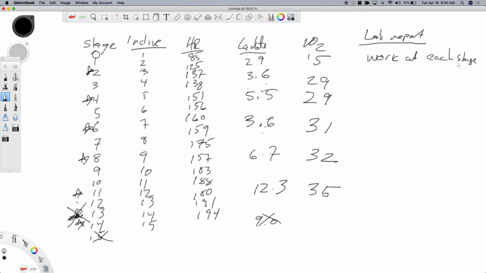But it also means you're going to have to take the speed in miles per hour and convert it to meters per minute, and then figure out the slope and calculate vertical distance per stage. Okay? And then you'll know what the workload is over that 1 minute or 2 minute mark.